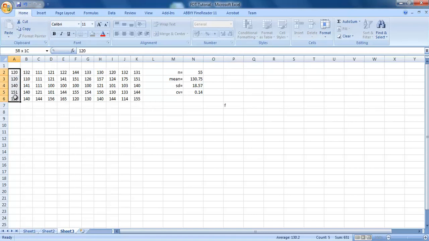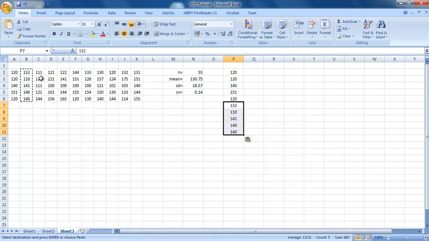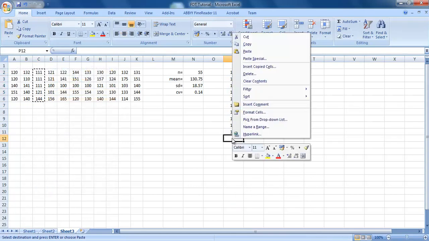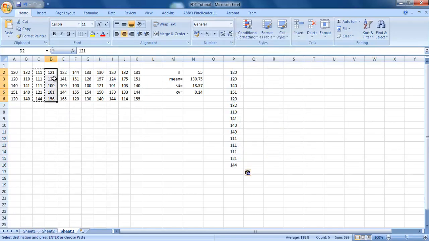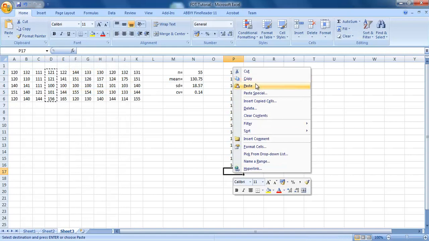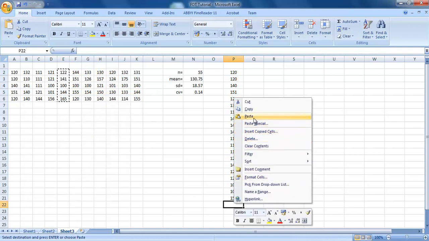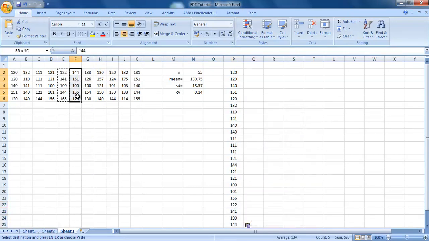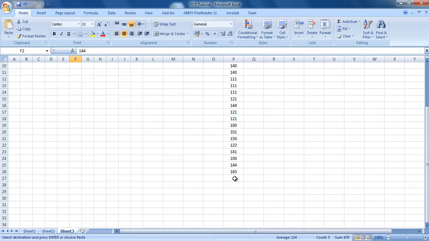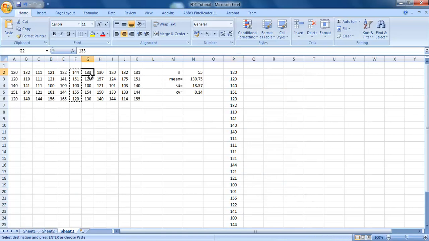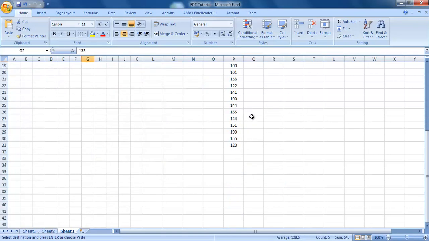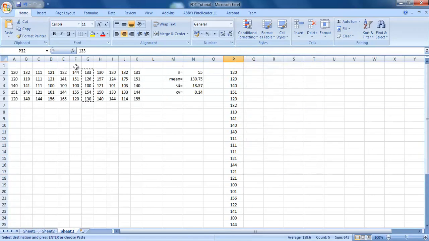So what I'm going to do is to copy the original values in a column.